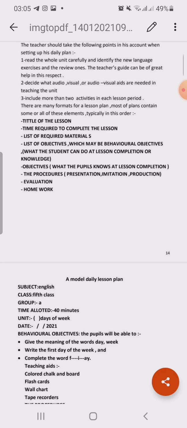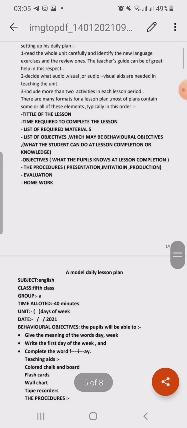Read the whole unit carefully and identify the new language exercises and the review ones. The teacher's guide can be of great help in this respect. The teacher must read the whole unit carefully and distinguish the new exercises from the review exercises of previous units.